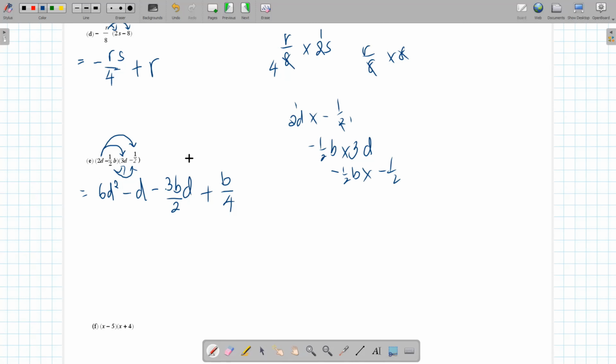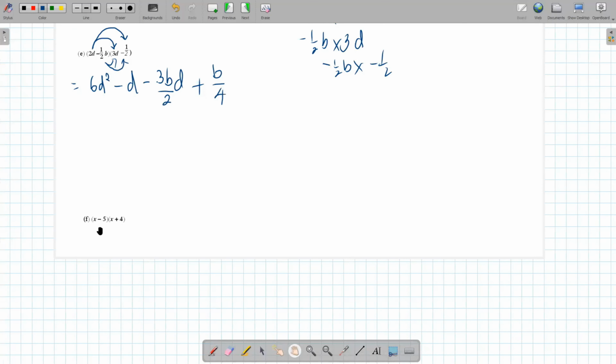So that's how we do the expansions for these kinds of equations: two algebraic expressions in two brackets, with fractions and more. Now next up, let us see what if we have something like this: x minus 5 times x plus 4.